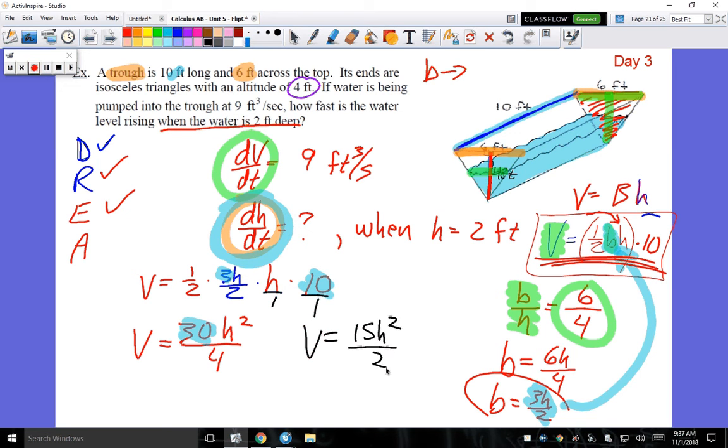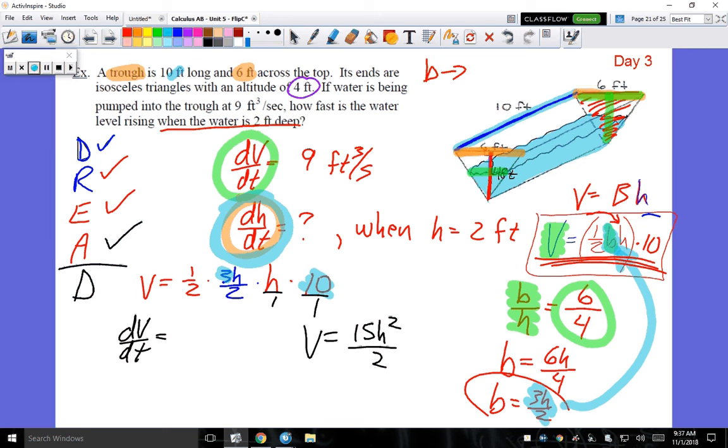Cool. Now that everything is written in terms of just the variables that we'll be working with, and it's simplified, I can go to derive. What's the derivative of the left side? dV dt. What's the derivative of the right? Well, first of all, let's move 15 halves over to the front. Constant multiple rule.